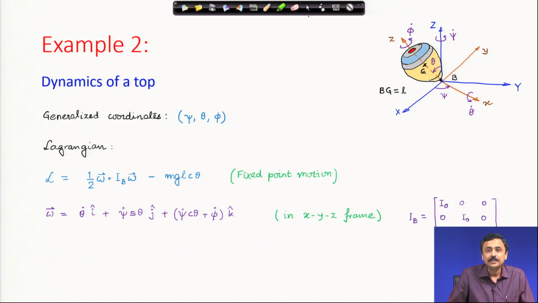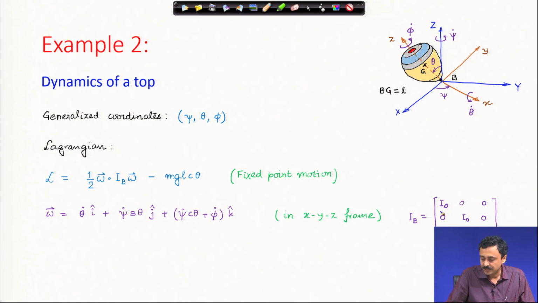With that and the definition of the moment of inertia tensor about that point B, B is the ground point where the tip of the top is fixed, I have considered I naught, this moment of inertia tensor written in this frame x y z, which happens to be a principal frame. In this frame, as I have discussed just now, the moment of inertia tensor is a constant.